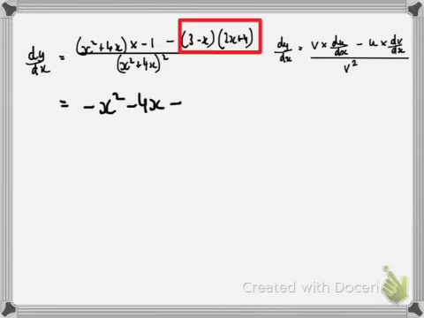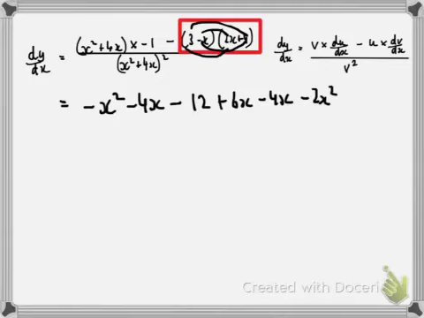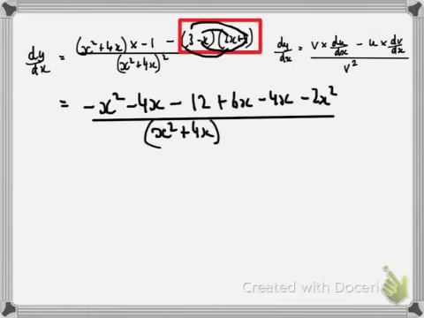So we get 12, 3 fours, 3 times 2x is 6x, so that's plus 6x. We get minus 4x there, and then we get negative x times 2x is negative 2x squared. Okay, and that's going to go all over x squared plus 4x all squared.